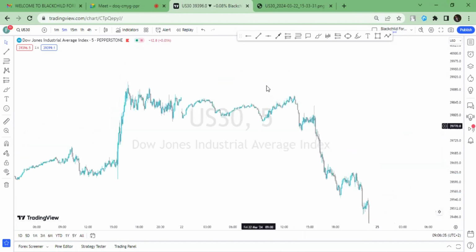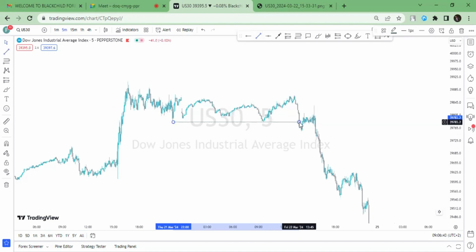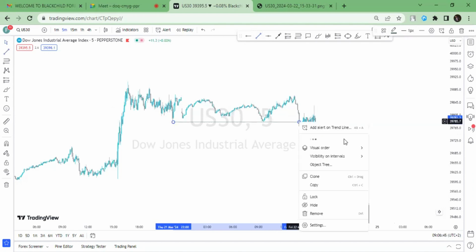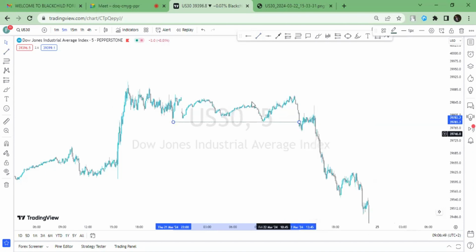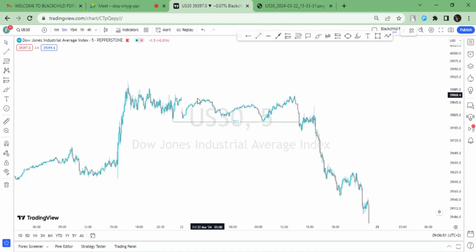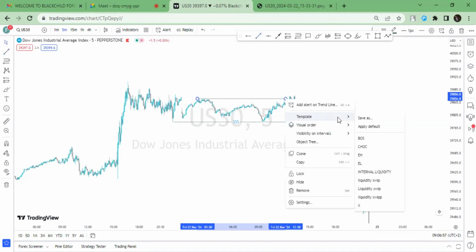As you can see, guys, I literally focused on finding the lowest lows down here, and I'm going to mark this as a liquidity sweep, and I'm also going to mark this area as another liquidity sweep on the upper side.